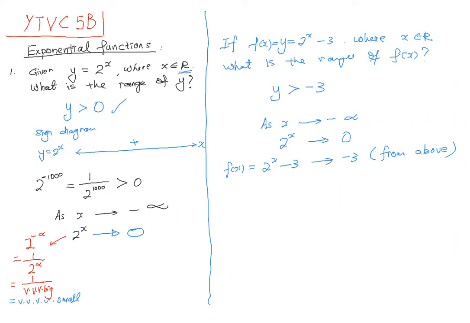Exponential. So if you look at the graph for this one, this will be the horizontal asymptote, am I right? Yes, the graph goes like that.